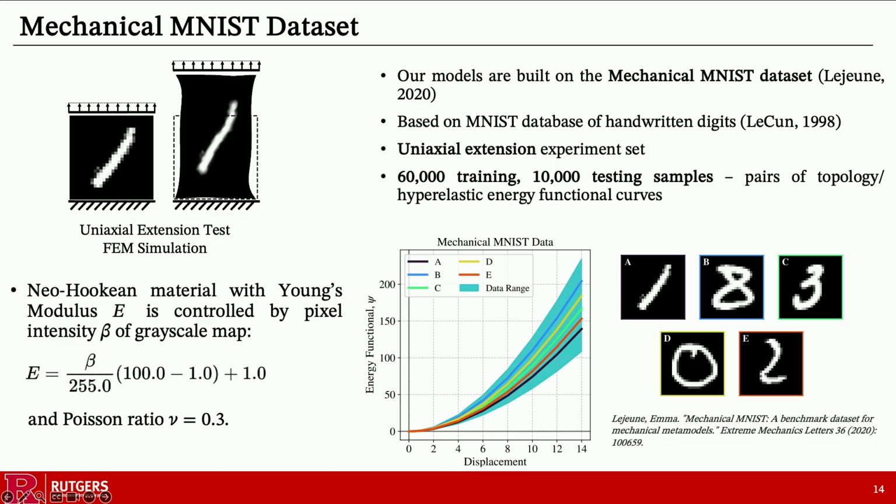So again, the dataset, based on the original computer vision MNIST dataset, we just used the uniaxial extension set from the mechanical MNIST dataset, 60,000 training, 10,000 testing samples. For our inverse problem, we input a hyperelastic energy functional and try to predict an inclusion shape, property distribution.